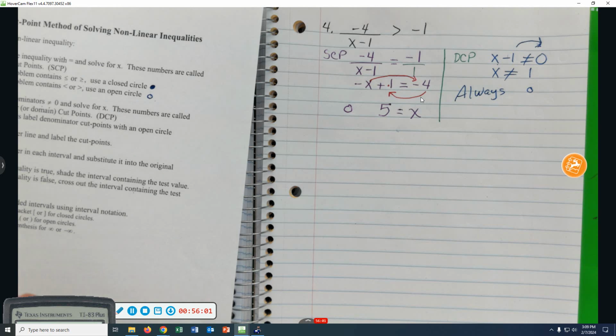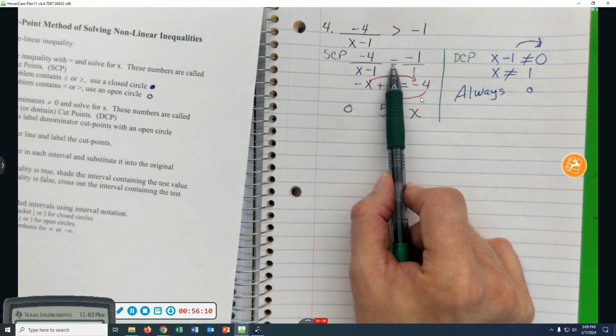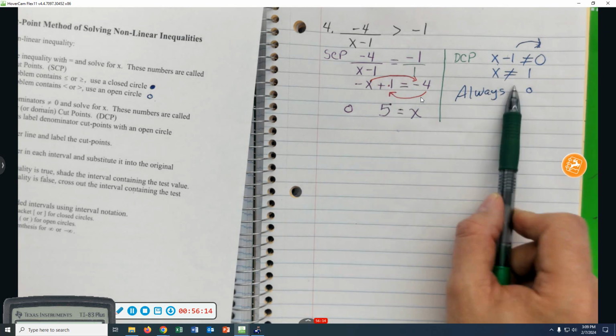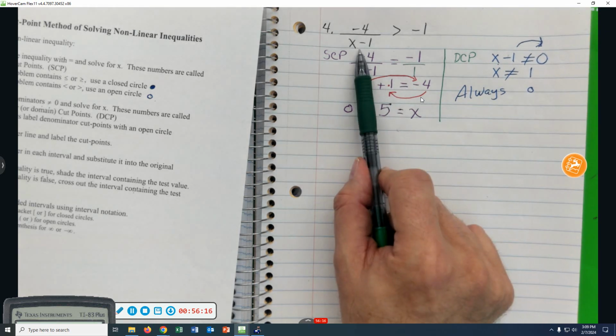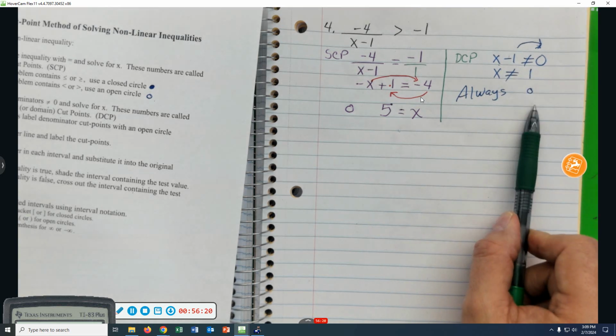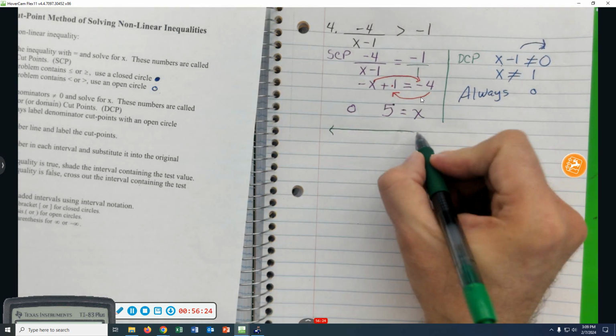I'm here sitting imagining what it would be like without me saying this terminology. What would I say? Well, for these numbers over here, where we put an equals, you look at this symbol. And for these over here, where we're taking the denominator and saying it can't be 0, it's always open. I like these names.